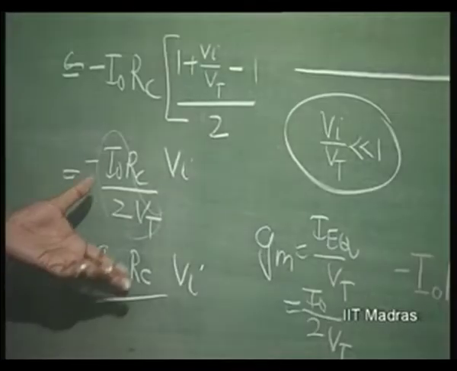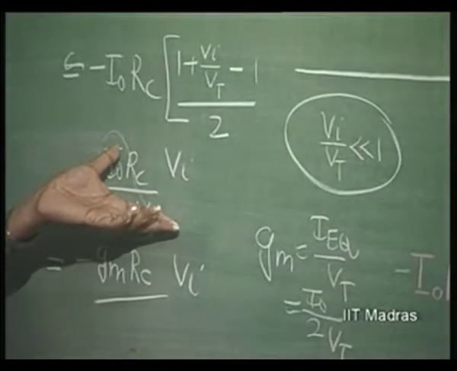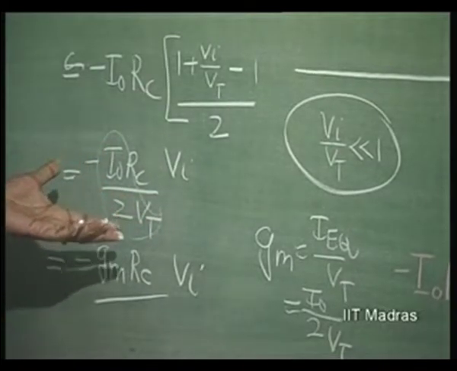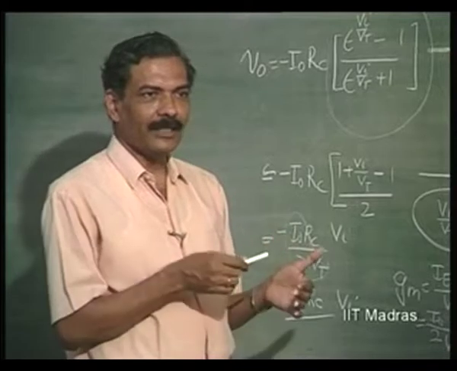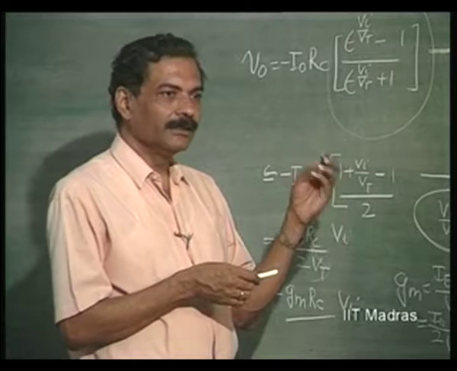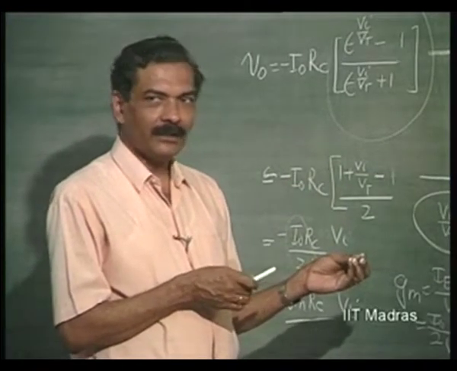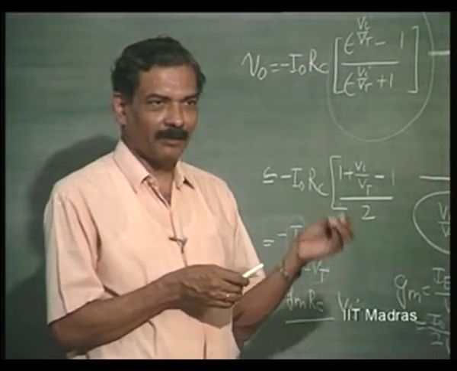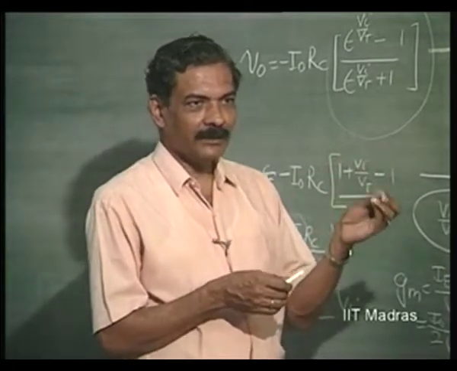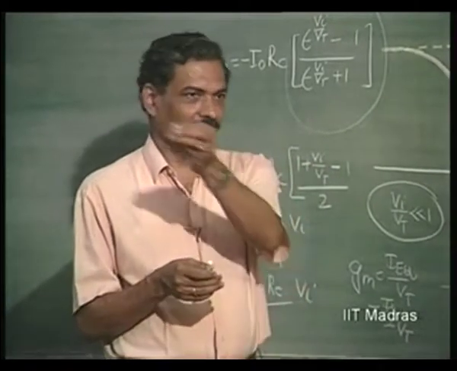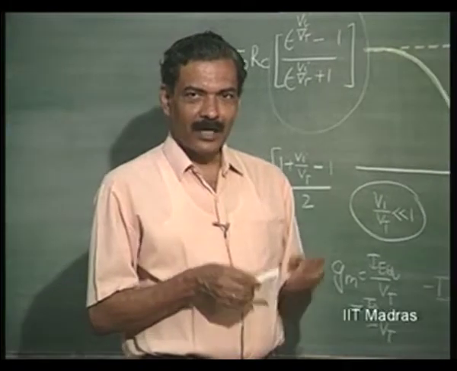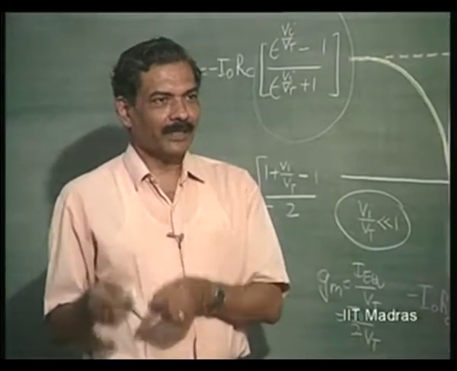So, you will see that as far as the differential amplifier is concerned, the nonlinearities will be less than the nonlinearities in the common emitter amplifier, where you have what kind of nonlinearity? Exponential nonlinearity. That means e to power x is 1 plus x plus x squared by 2 factorial, and so on. So, all the terms are existing. After x you have x squared by factorial 2.